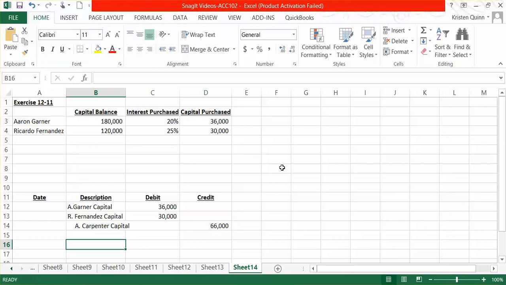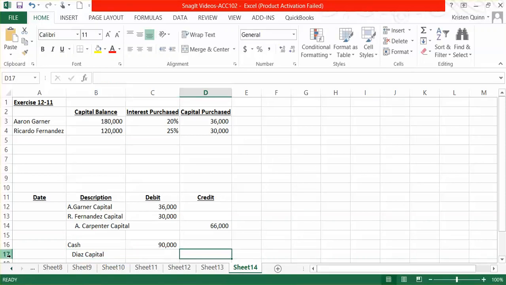They tell us that Diaz is going to contribute $90,000 cash directly to the partnership and will receive ownership equity or capital of $90,000. So that means the cash of the partnership will increase by the $90,000 that was given. And they tell us that in return, Diaz's capital will be $90,000.